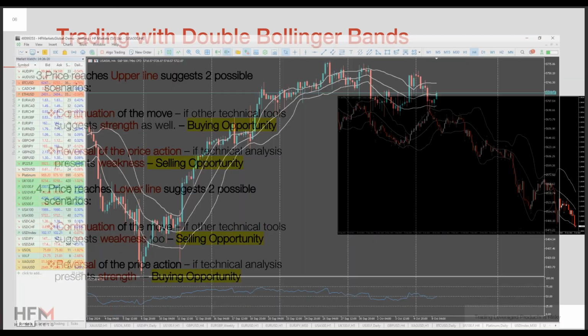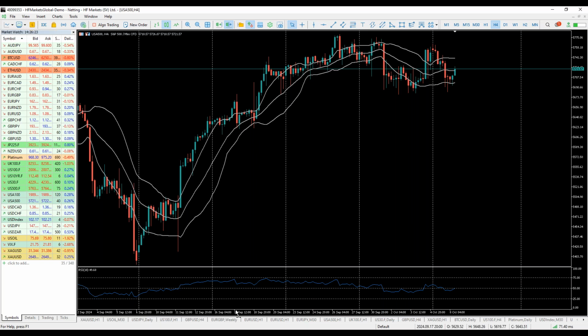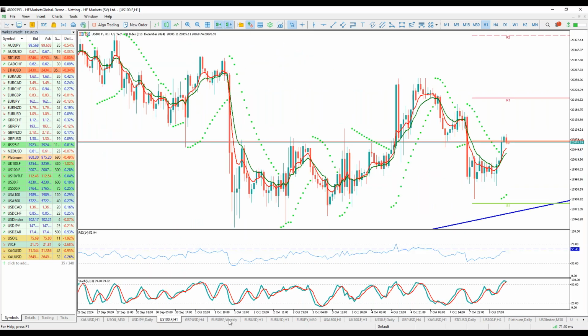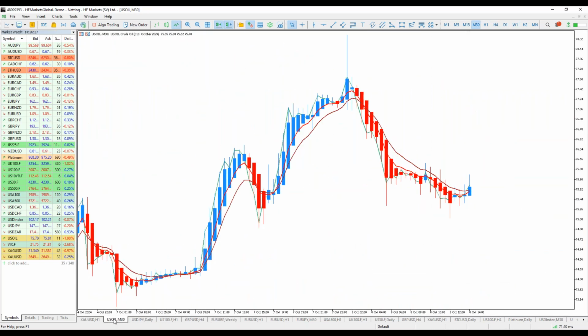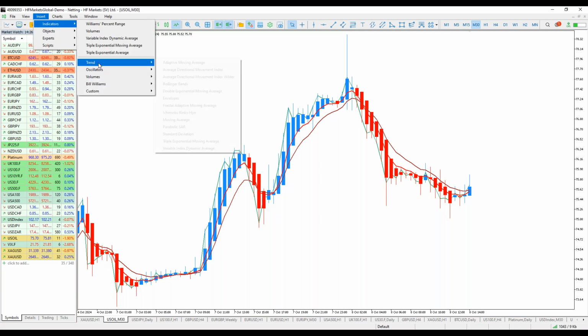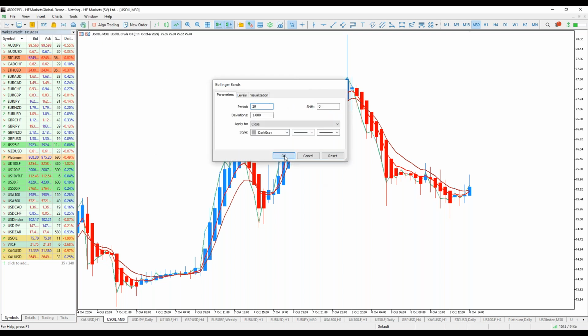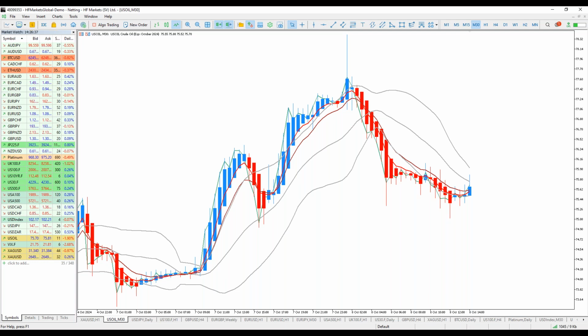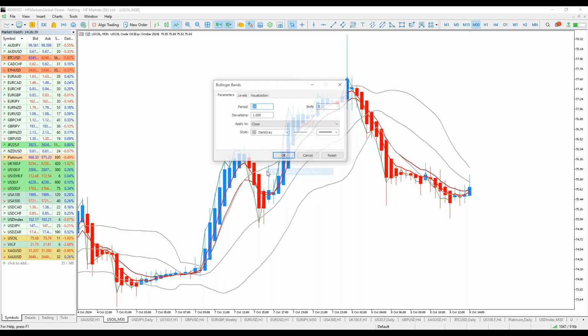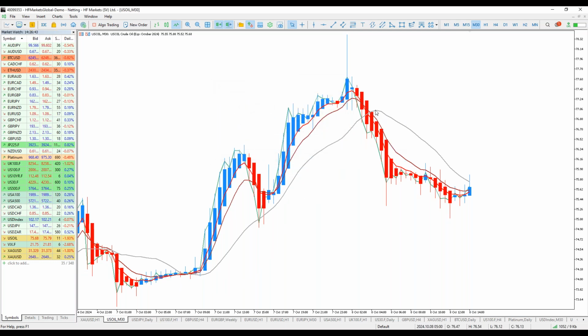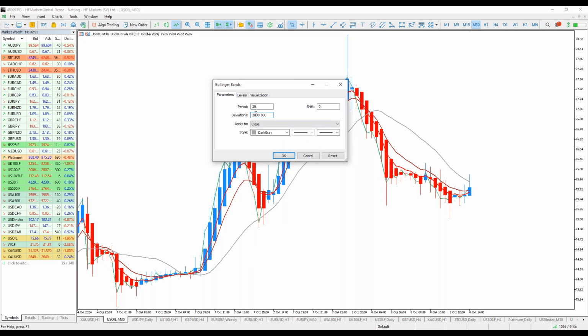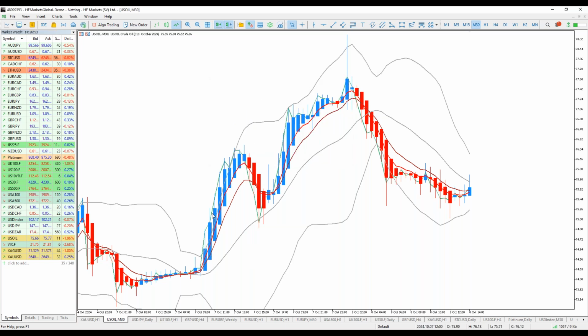Let me find a different example. I want the Bollinger Band over here. Oops, that's quite tight. What have I done? Oh, my bad, sorry.